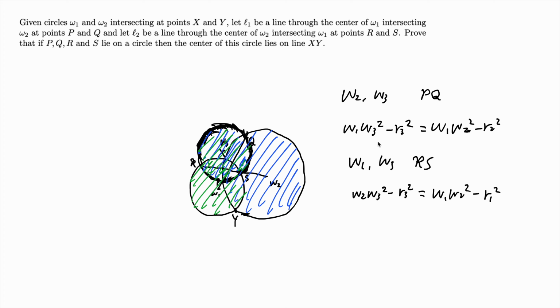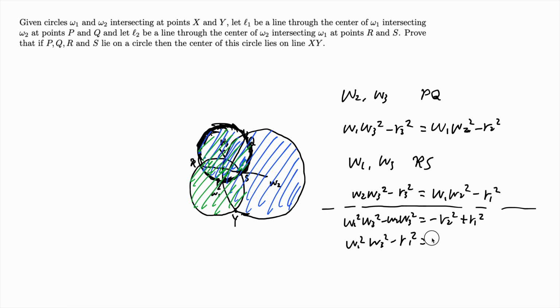Now let's organize what we know. Using these two equations, subtracting them, we know that, wait, these two cancel, these two cancel, so negative r sub 1 squared plus, so we have, minus r sub 2 squared.